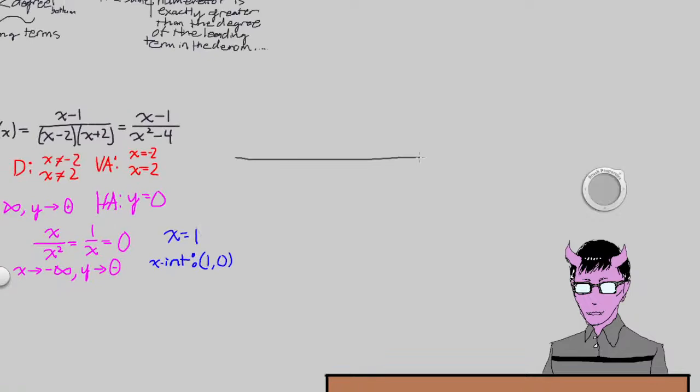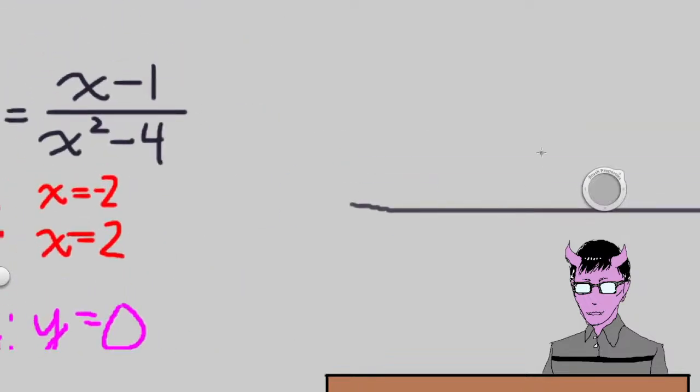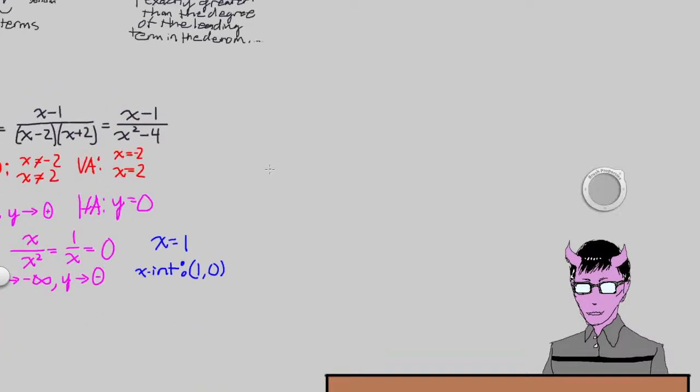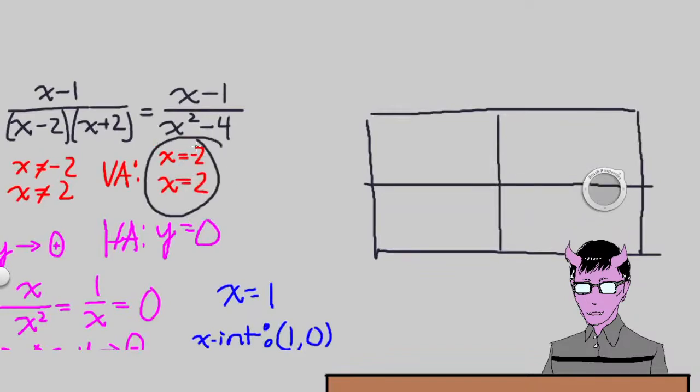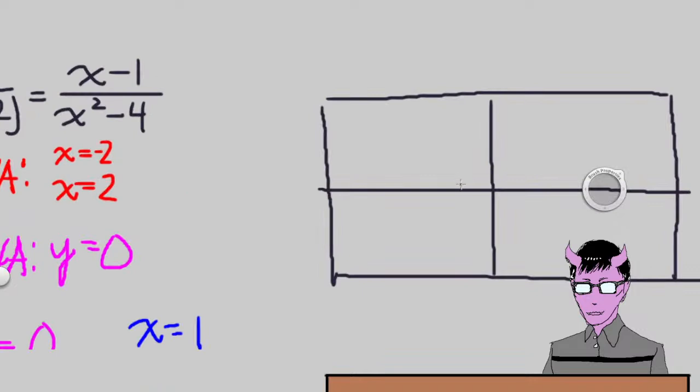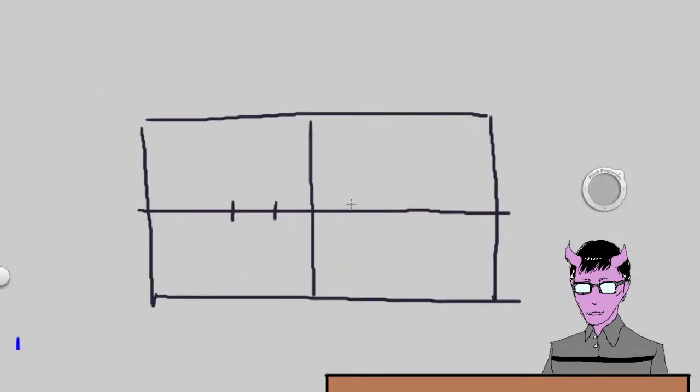We have the x-axis, y-axis. Here's the viewing window. What do we have? We have the VAs at -2 and +2. So let's mark that down: -1, -2, and then +1, +2.